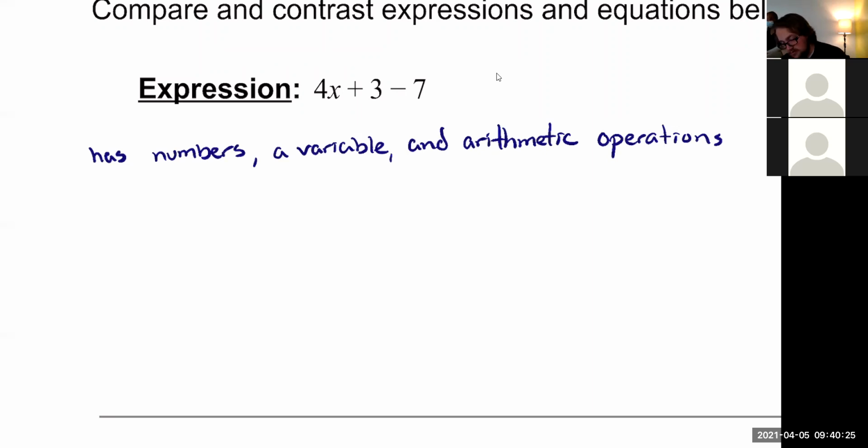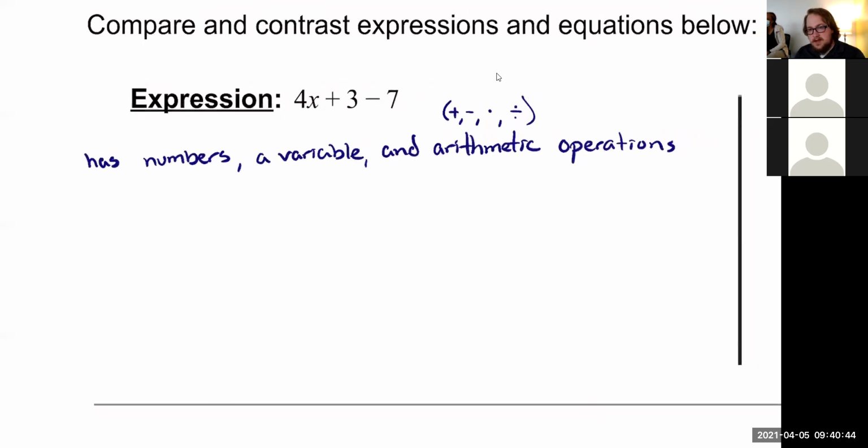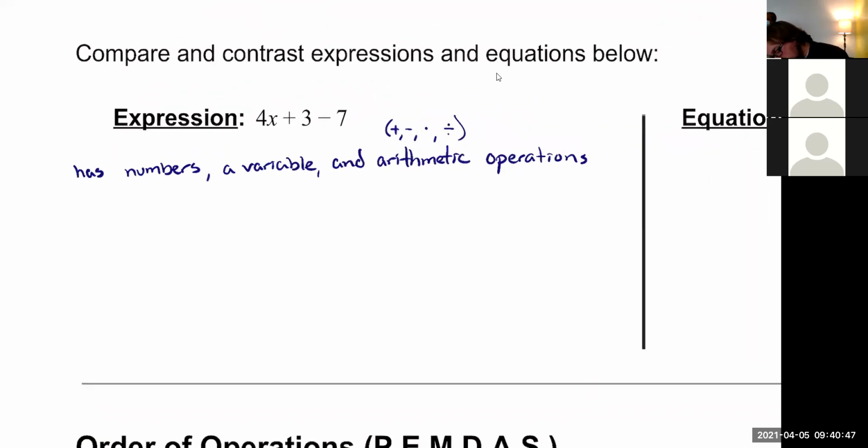Arithmetic, maybe you've heard that word before, maybe not, is just your addition, subtraction, multiplication, and division. The four basic operations that you typically start off learning. So it has numbers, a variable, and arithmetic operations. And we said that that was something that they both had.